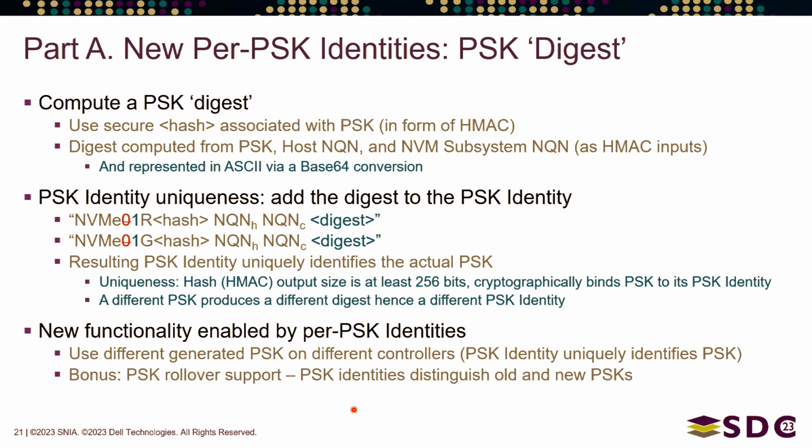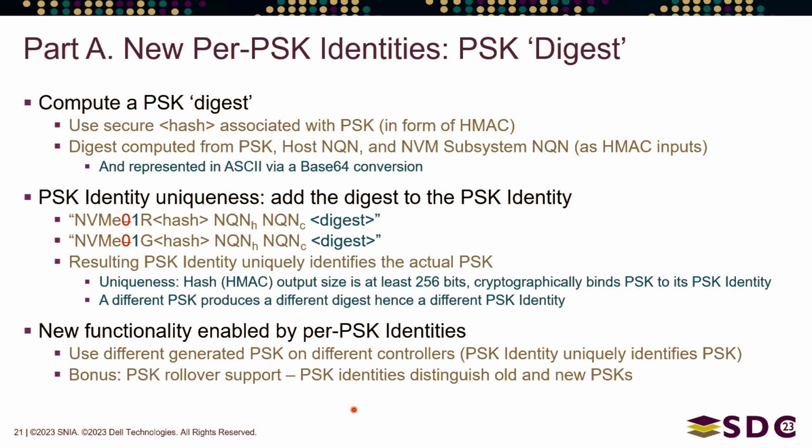Suppose you administratively provisioned one PSK on host A and on subsystem B. And then you say, I want to update the PSK. I want to put a new one. The way you would expect to do it is, I configure the new PSK on the subsystem, I configure the new PSK on the host, and now that we both have it, let's start to use the new PSK. Wait a moment, how do I identify the new PSK?